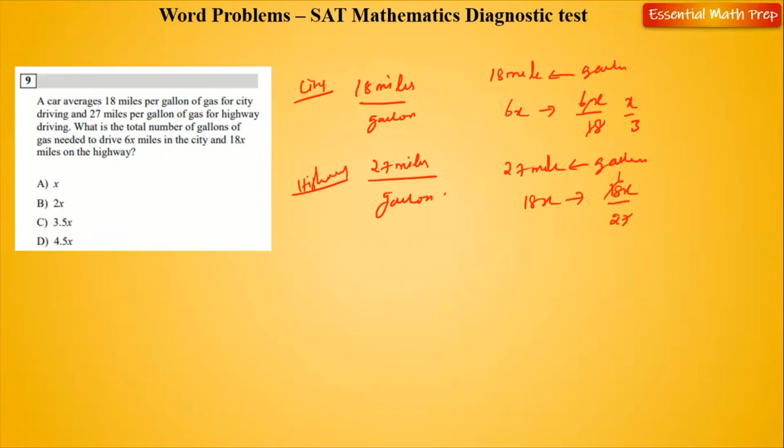This is 3 times 6 and this is 3 times 9, so it's 2 over 3, giving 2/3 x. What's the total gallons? It means x over 3 plus 2x over 3. We take 3 as the common denominator. It's 3x over 3, which is x.